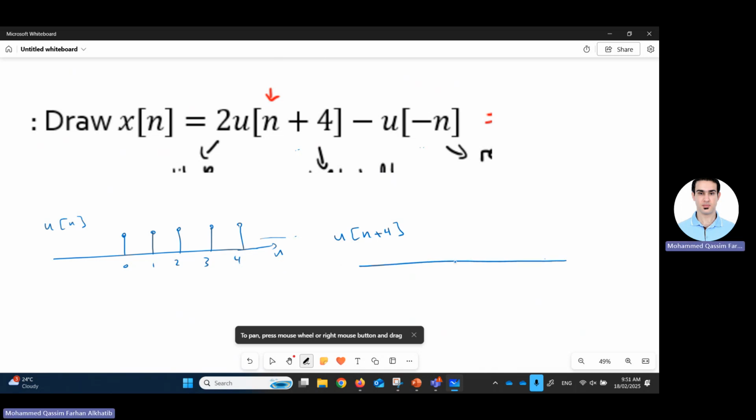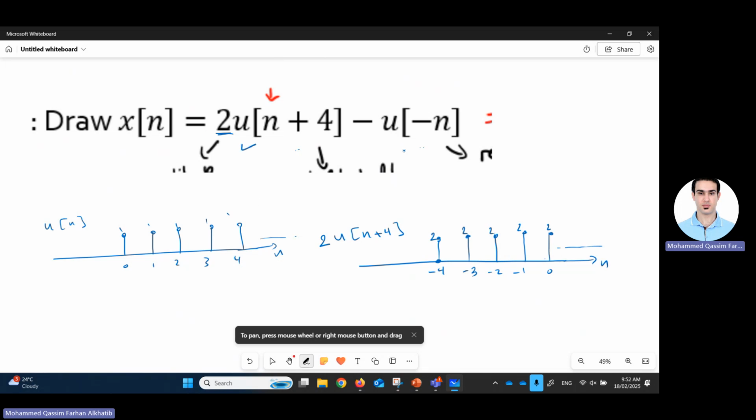So now I start at -4, -3, -2, -1, 0, all the way to infinity. Now I just scale it by 2. Now all my amplitudes will become 2, because initially it's 1. It's a unit step function. That's why they call it a unit step function. It's unit. All right, so I'm done with the first one.